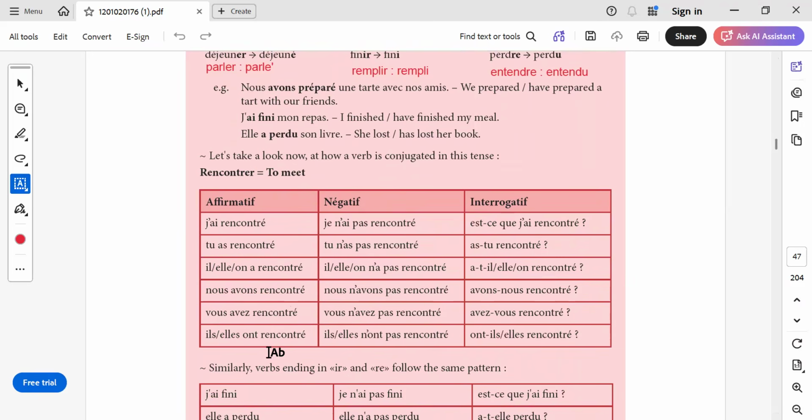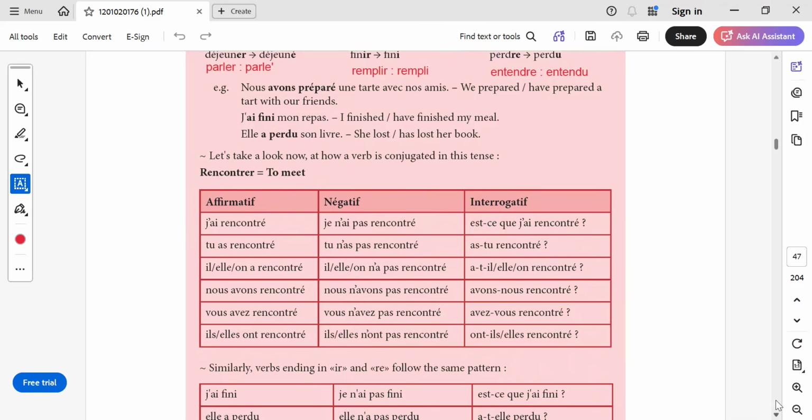So, j'ai rencontré, tu as rencontré, elle a rencontré, nous avons rencontré, vous avez rencontré, ils ont rencontré, elles ont rencontré. Now, this is the affirmative conjugation. For negative, we add ne and pas before and after the auxiliary verb avoir. So, it will be je n'ai pas rencontré, tu n'as pas rencontré, and so on.